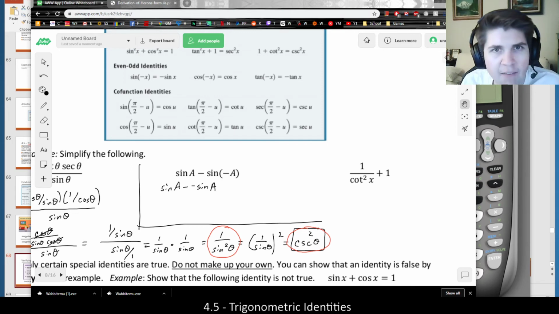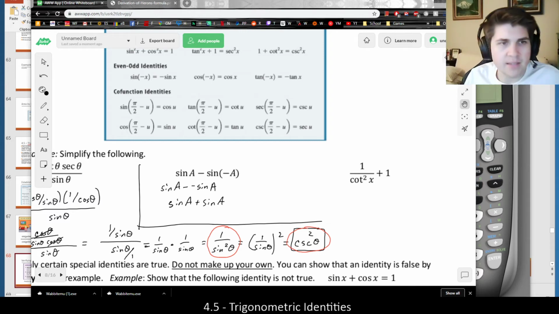And of course, well, I have minus a negative. Two wrongs make a right in math is the joke. But basically that would leave me with sine A plus sine A, because I have minus a negative, which turns to plus. So it's like this negative will multiply into the other negative and just change to a plus. That's fine.